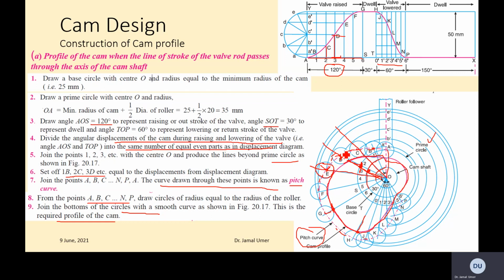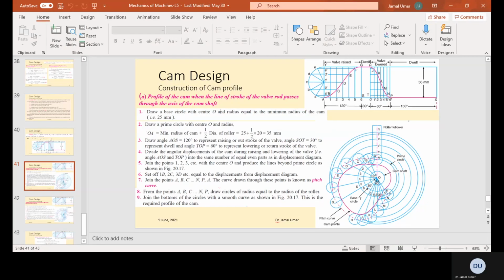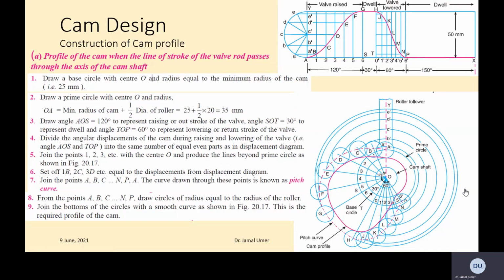All right. So in summary, I will just repeat the steps, with a little bit of additional detail. You have already marked the points, and then you have OA and OS. These are the lines for outward motion. You already have your prime circle, and you place the same divisions, 6 divisions.